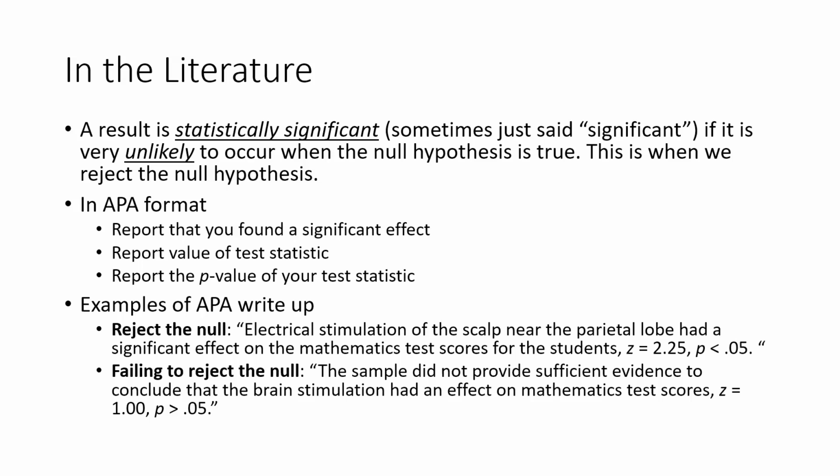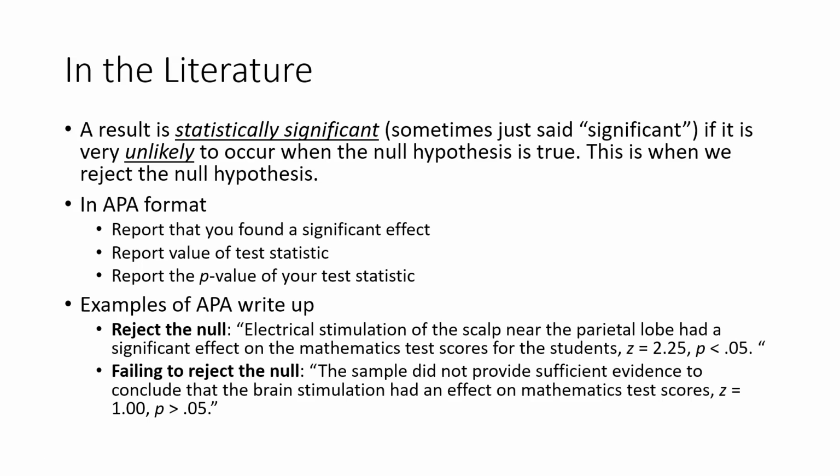But if we reject the null hypothesis, that is because it's very unlikely that we just got this extreme value by chance. In APA format, you always report that you found a significant effect, report the value of your test statistic, and report the p-value of your test statistic.